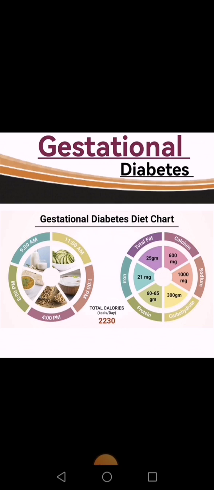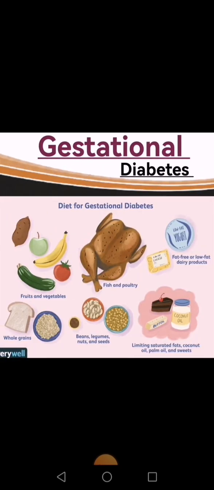On the left side, in the other chart, the diet is mentioned. For gestational diabetes, you have to take fruits and vegetables that should be fresh and of high quality. Next is fish and poultry. Take meat in the form of fish and poultry, that is fat-free meat. Next, fat-free or low-fat dairy products can be taken.